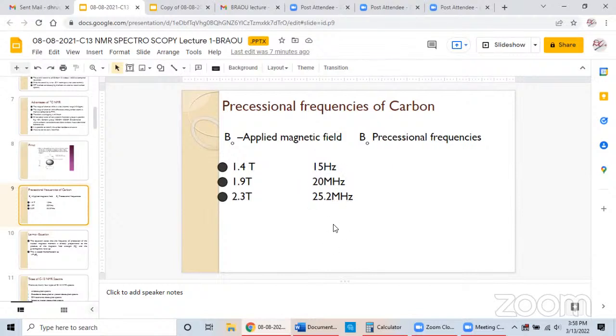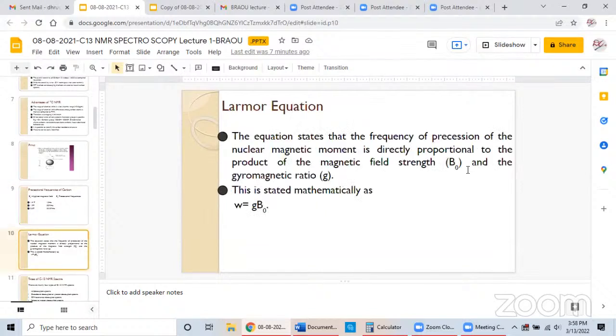This is one of the instrumental difficulties, especially while recording C13. Why is C13 difficult to record? The sensitivity of C13 is less. Why is proton NMR easy? Because sensitivity is less for C13: abundance is less, and magnetic moment is less. This is the basic NMR equation.